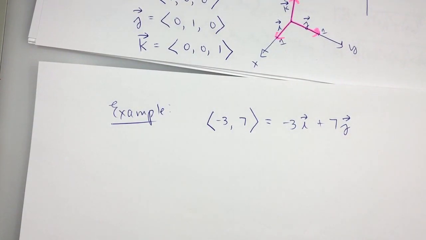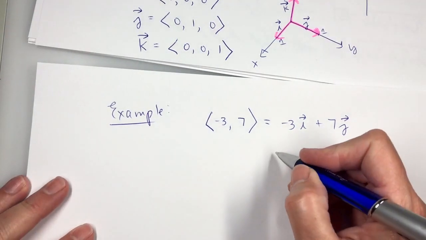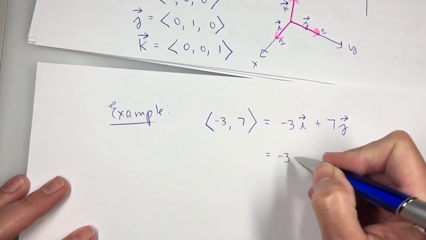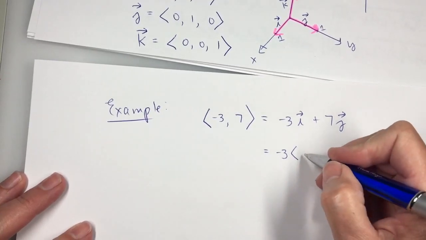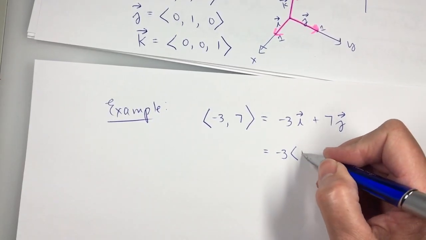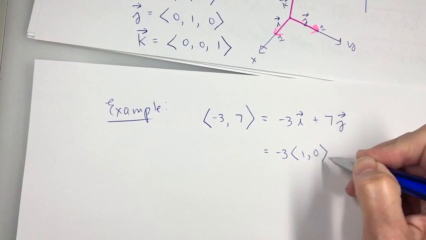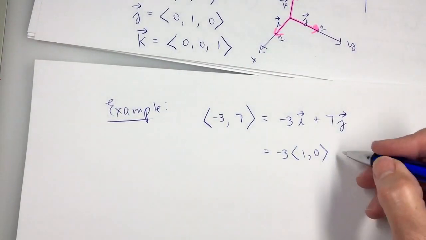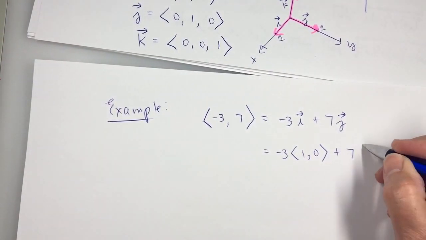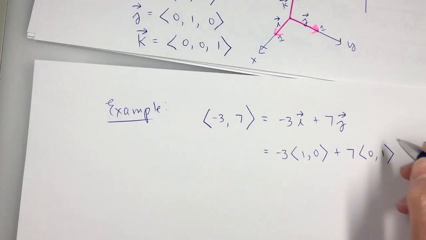And in my old notes page, I did a little proof of, yes, that really is accurate, because I could say, okay, this is negative 3 times i. Now I'm in 2-space, so i is the vector <1, 0>, and j is the vector <0, 1>.